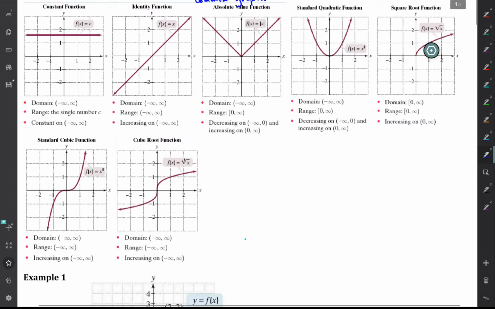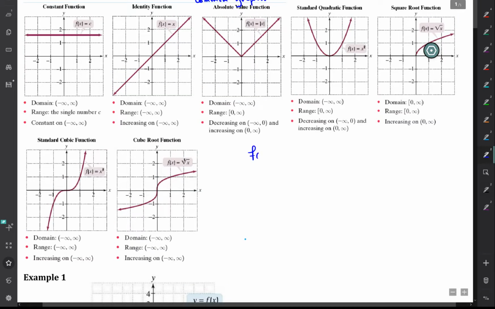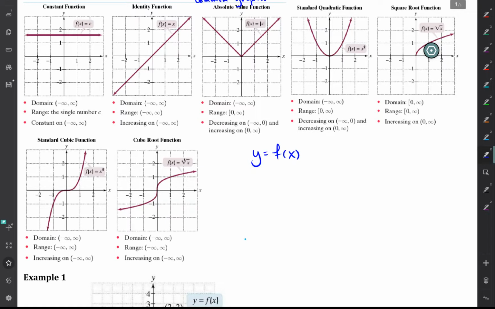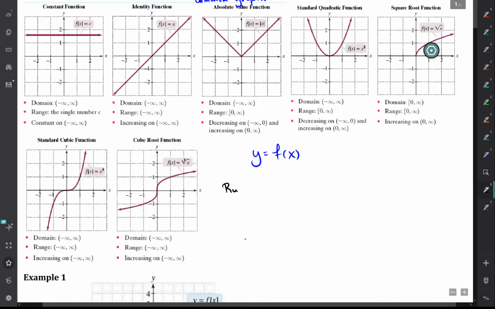And then once you're given a function like y equals f of x, then you can transform this function in a number of different ways. So this is the rules for how to reflect or shift a graph.